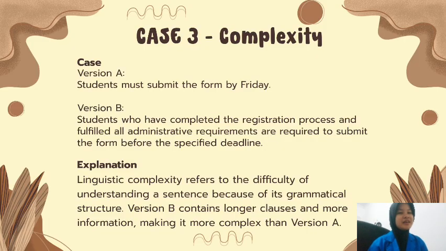Version A says student must submit the form by Friday, but version B expresses the same idea using a much longer sentence with a more complex grammar. Although both sentences have the same meaning, version B is more difficult to understand because it contains longer clauses and more complicated sentence structures.